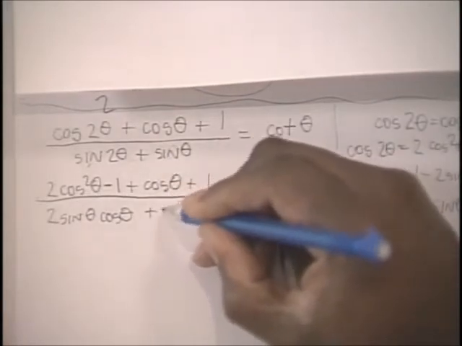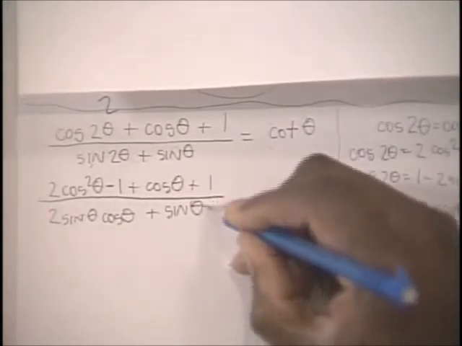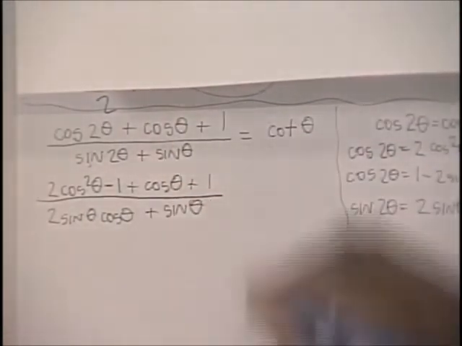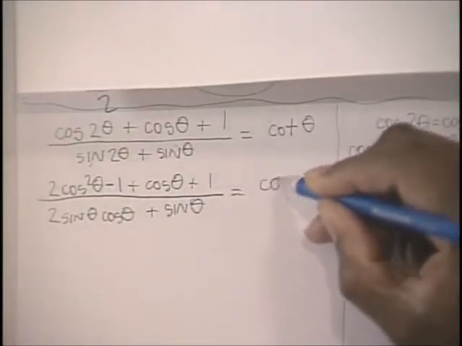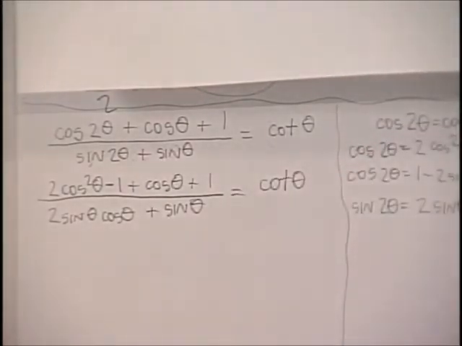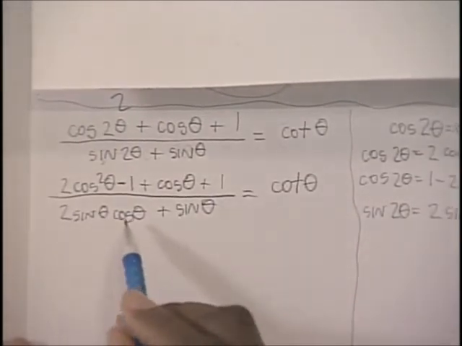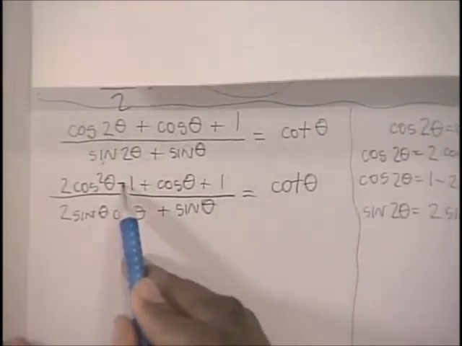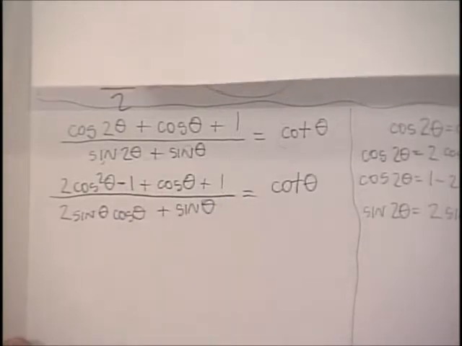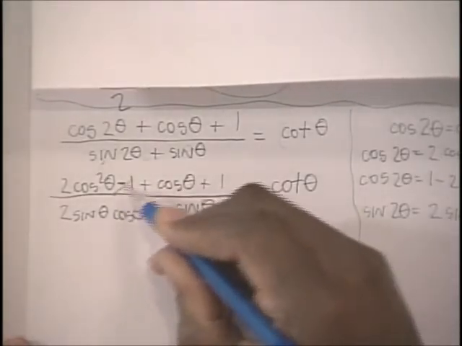Now let's bring down the plus sine theta. And we're saying that all of this has to be equal to the cotangent of theta. All right? So let's keep going. I'd like you to be able to see here, this minus 1 plus 1 would cancel out.